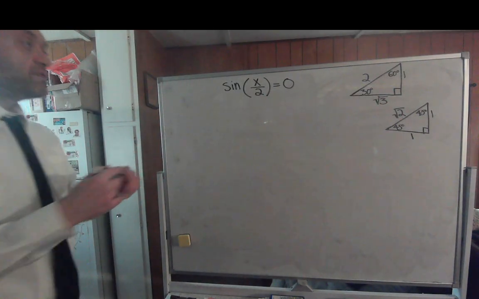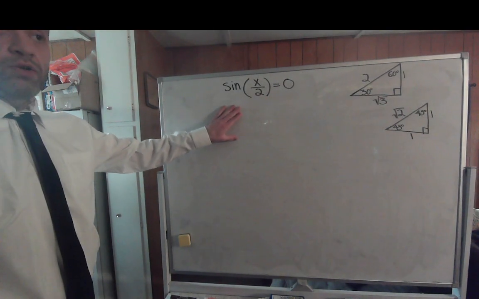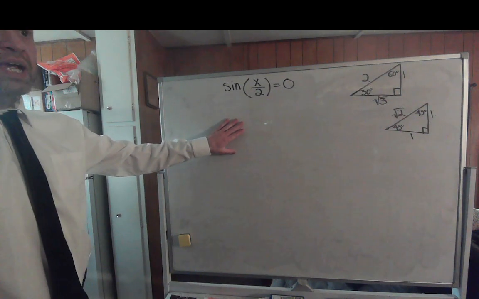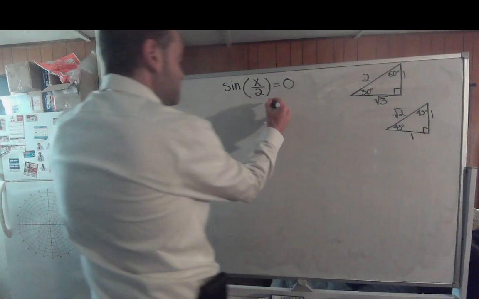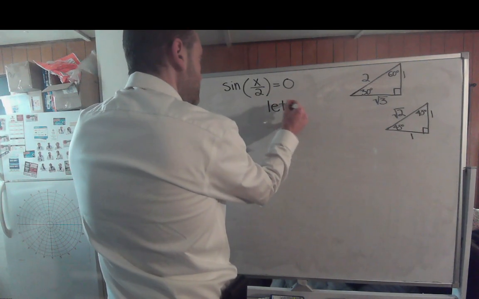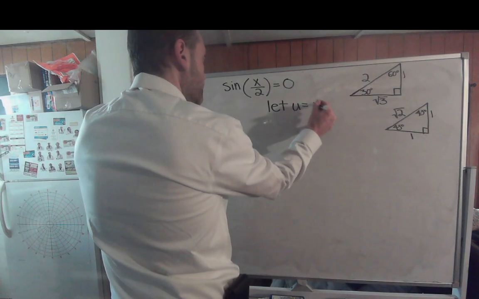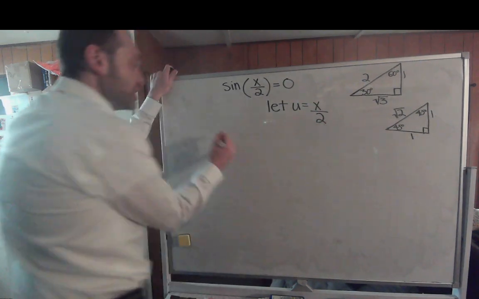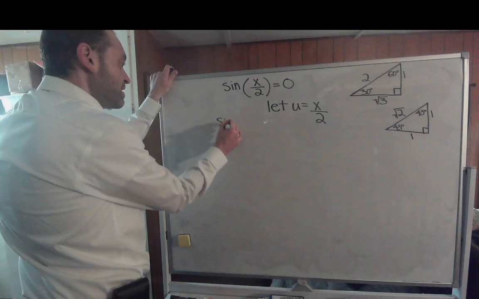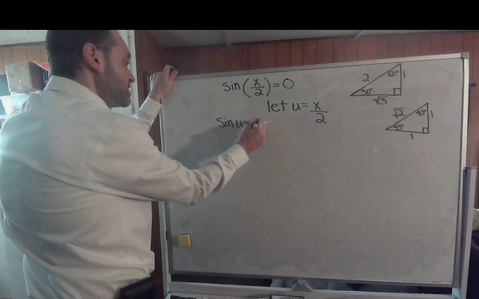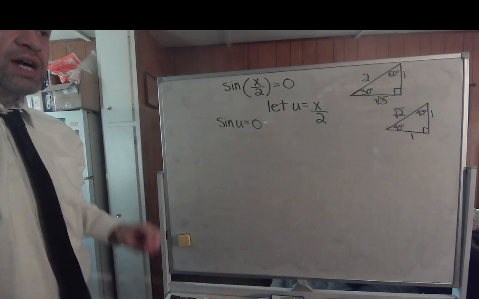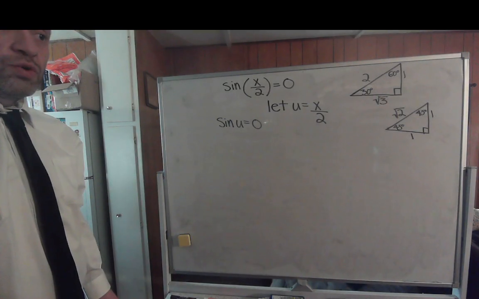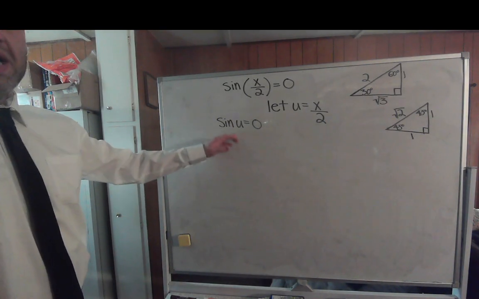So the sine of x over 2 equals 0. Well, again, since this is a multiple angle, I would do a u substitution. So we'll let u equal x over 2. So this would end up becoming the sine of u equals 0. What angles in the interval from 0 to 2 pi give you a sine of 0?